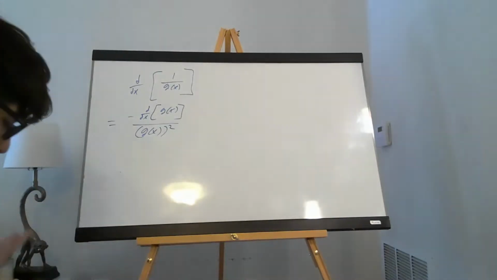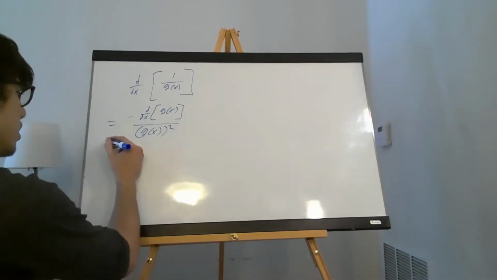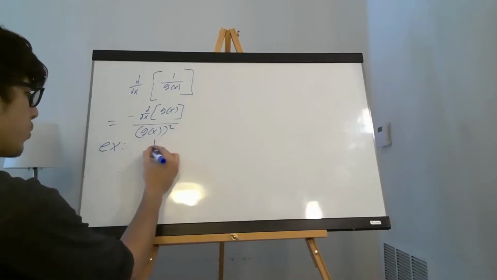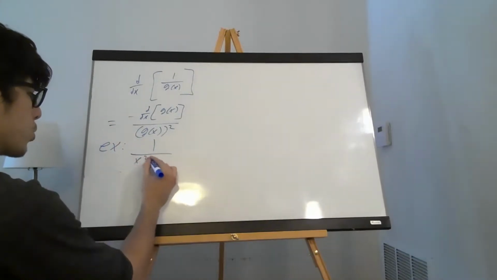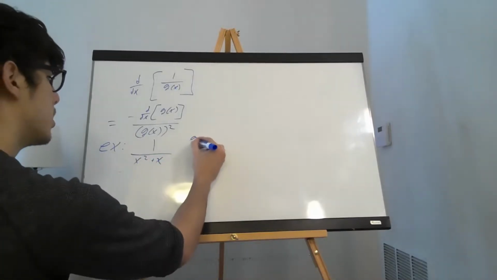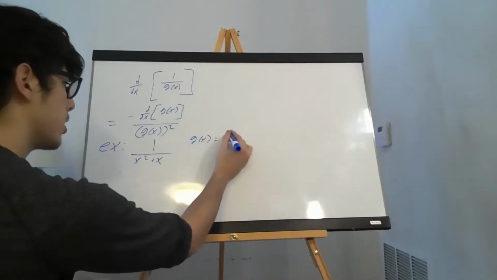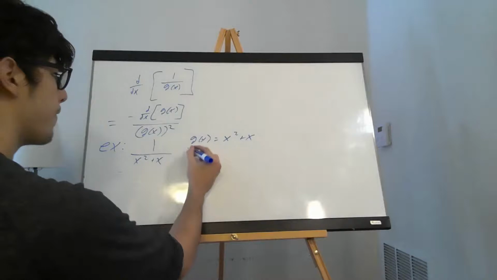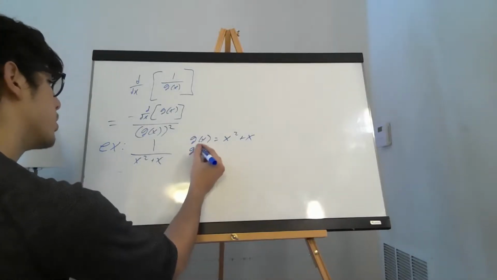So for instance, let's just do a quick example here. If we've got the function 1 over x squared plus x, then we know that g of x is equal to x squared plus x, and we already know how to take the derivative of polynomials.